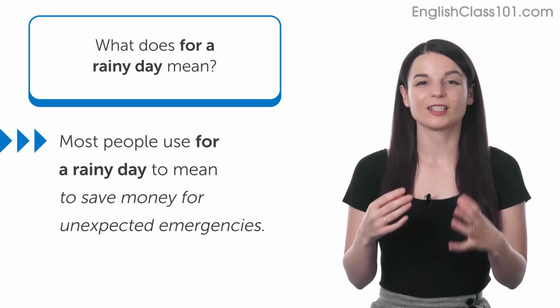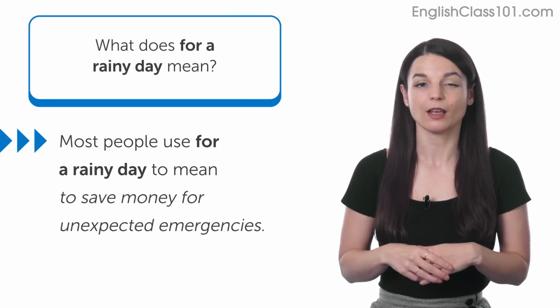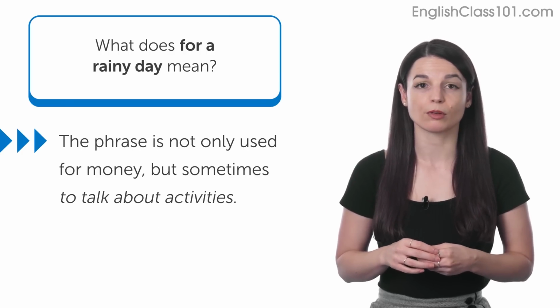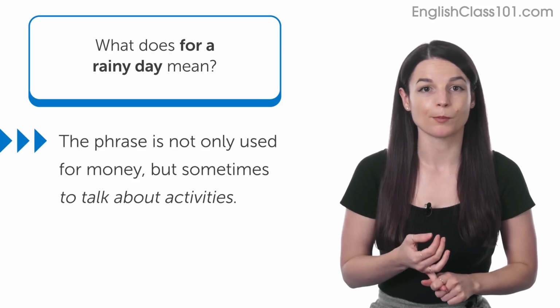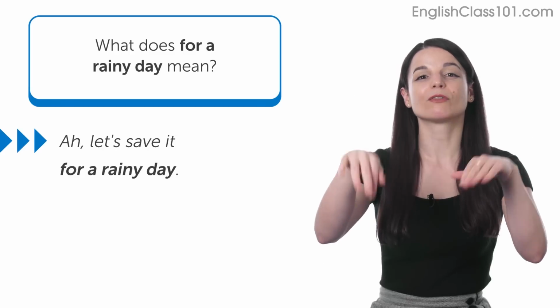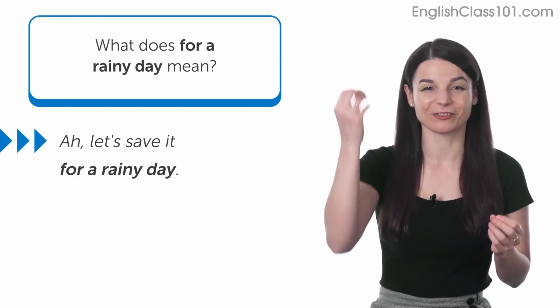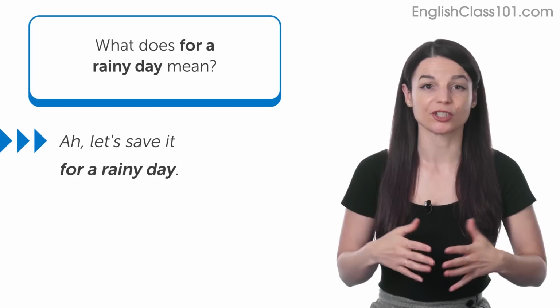As I said, we tend to use for a rainy day to talk about money, saving money for a rainy day, but we also sometimes use this to talk about activities. For example, if you suggest an indoor activity, like going to an art museum or visiting a restaurant, someone might say, let's save it for a rainy day, which really means let's save it for a day that it's raining outside, or let's save it for a day when we don't have very much to do.